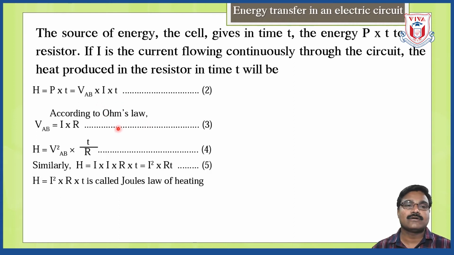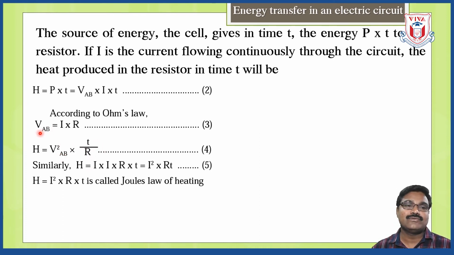According to Ohm's law, V is equal to IR, and therefore I is equal to V upon R. If we replace I with V upon R, then we get H is equal to V square into t upon R, or V square upon R into t.